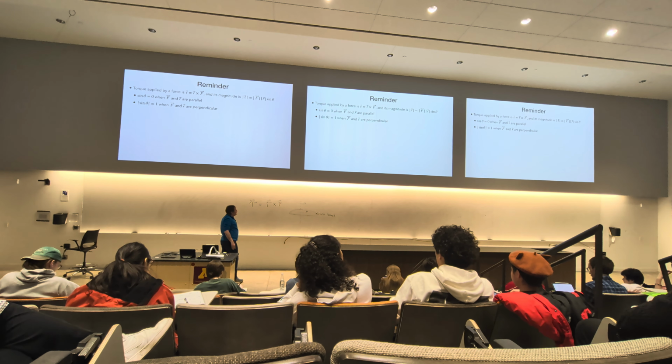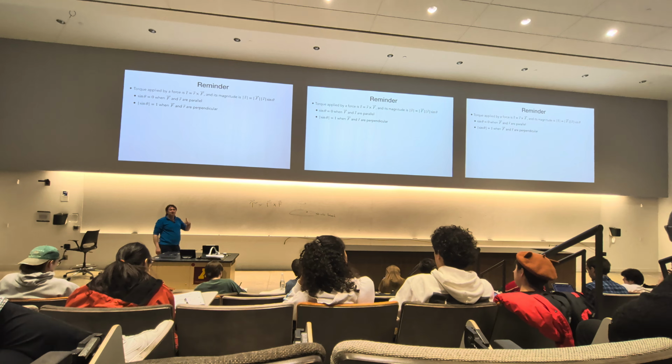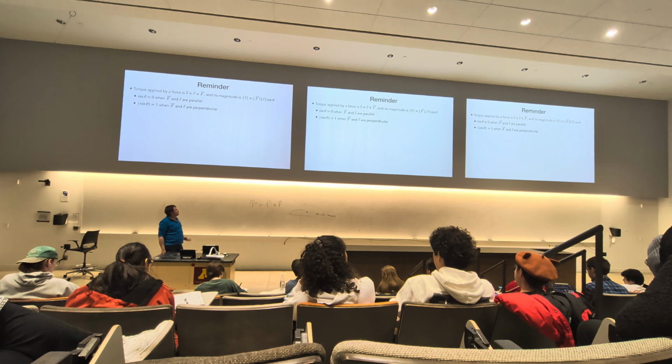In this context, some evil physics professor like me could ask, what is the direction of the torque due to this force? What would you do to figure this out? You would first have to figure out what the vector r is. Where is it in this picture?